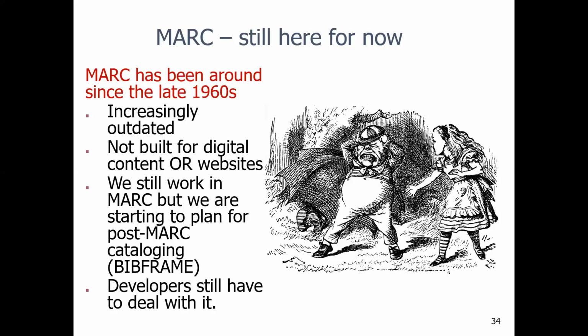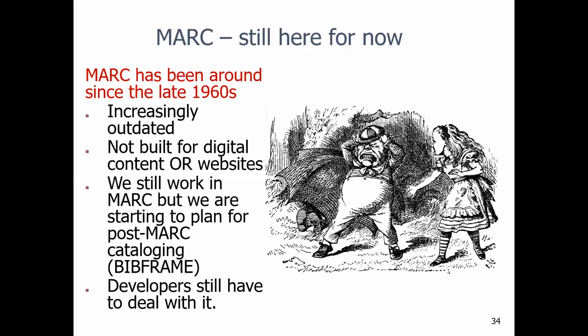So our ILSs these days have to do a lot of work on the back end that we never see with the MARC record to make it more presentable to our users and patrons, and to do things like pull in book covers and, you know, make it look better, give them more information that we can't give them in a MARC record. So our systems have to do a whole lot of work because of a MARC record, because it's not built for digital content or websites, because hello, 1960s, those things did not exist.